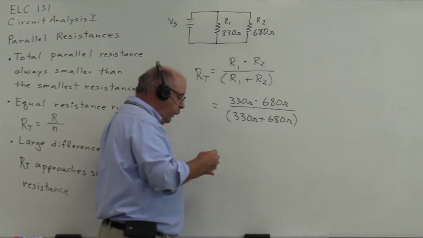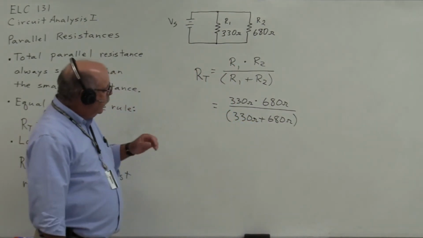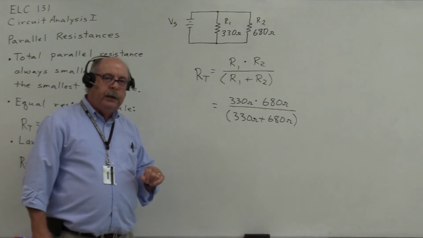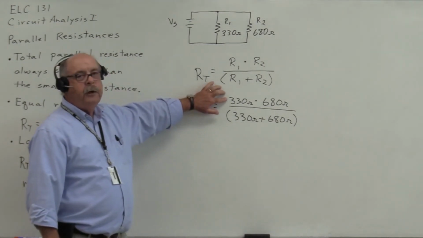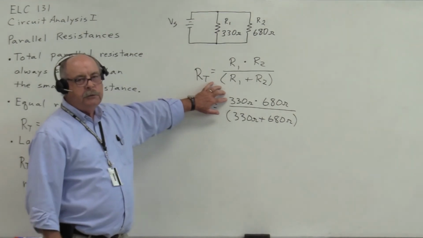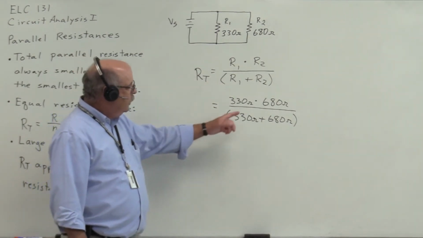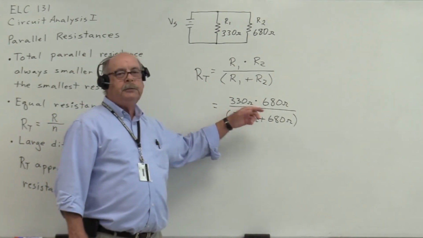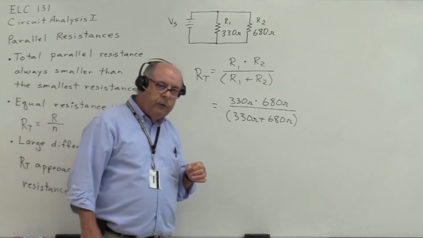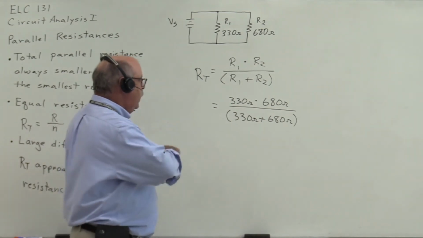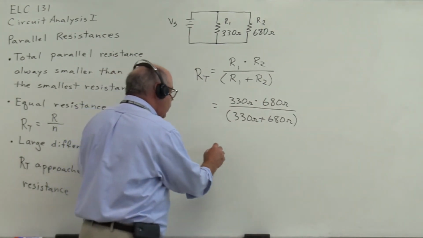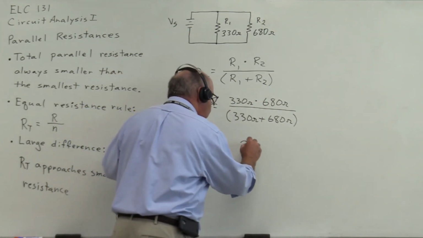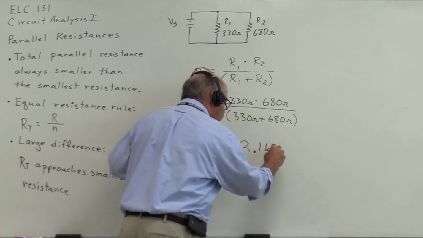Now, what I do when analyzing this circuit is I make some approximations and say that 330 is pretty close to 300, and 680 is pretty close to 700. So if I change these numbers to 300 and 700, then I get in the top of the fraction 210 k ohms.